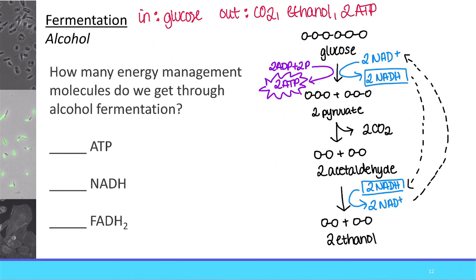So in terms of energy management molecules, we get 2 ATP, we get no NADH because the ones that we make, we reuse, and we don't have any FADH2. So again, super inefficient because we only get 2 ATP.